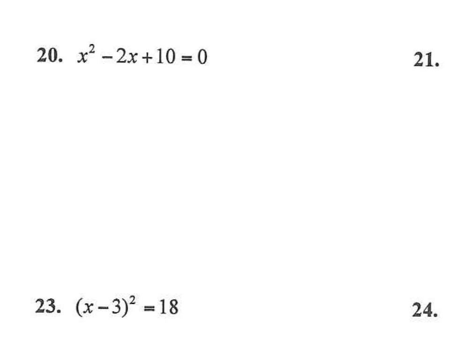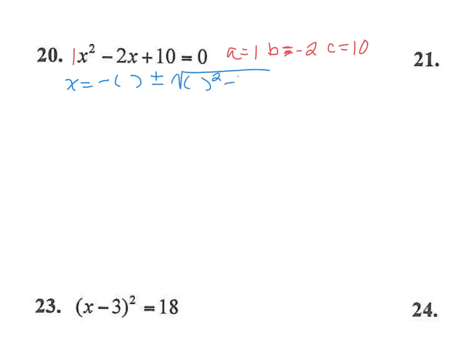Okay, so our A is 1 because that's the coefficient in front of the squared term. Our B is negative 2. And then our C is 10. So then if I run it through our formula, x is the opposite of B plus or minus the square root of B squared minus 4AC all over 2A.